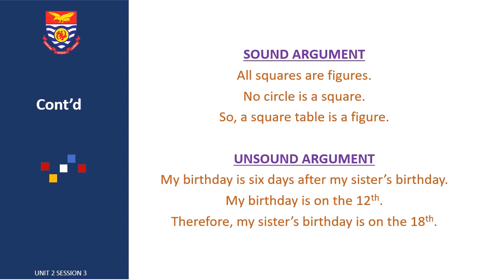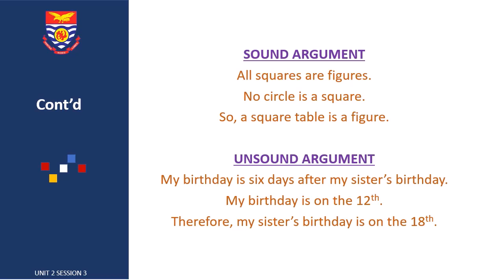You can see here that, not necessarily testing for real life situation, but if we may permit it, in real life, my birthday is 6 days after my sister's birthday, and we can hold that as true. And my birthday is on the 12th, and hold that as true.